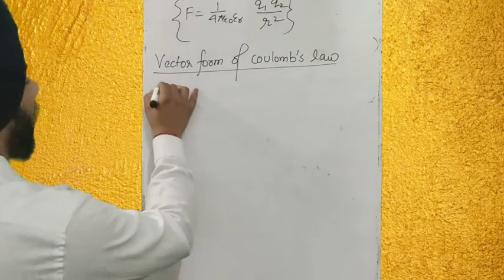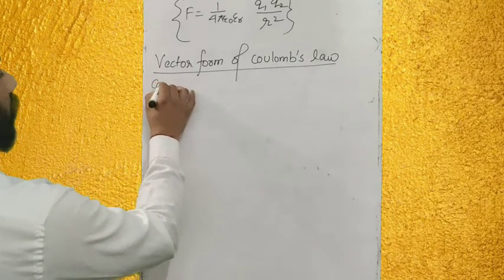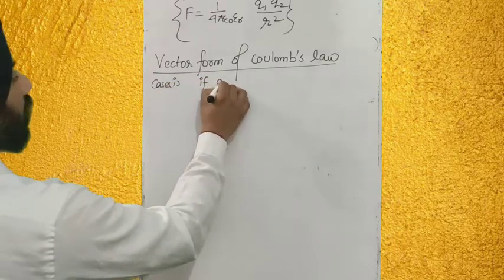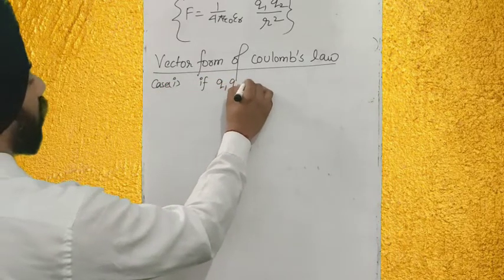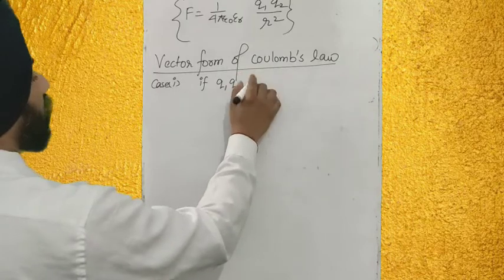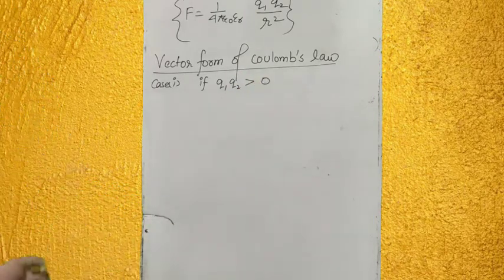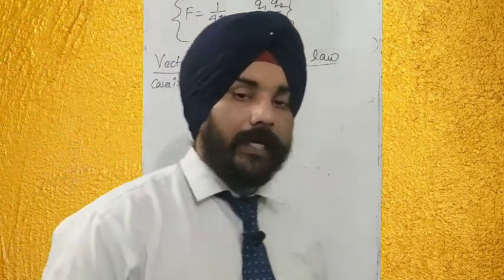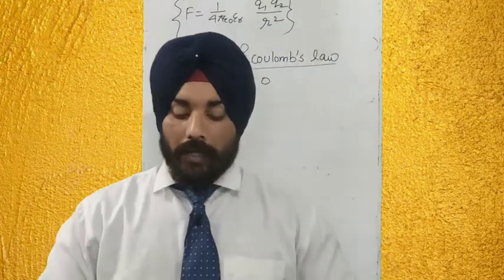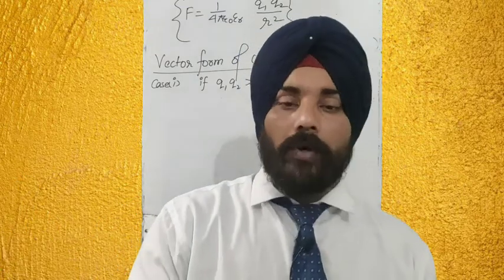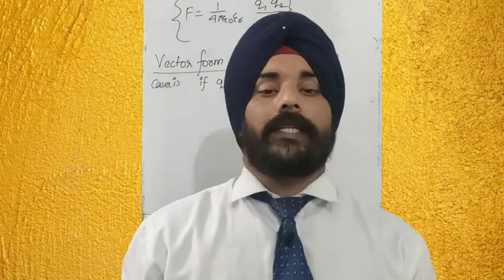So let's take case number 1: if Q1 Q2 is greater than or equal to 0. Q1 Q2 will be greater than 0 when both the charges have the same sign.